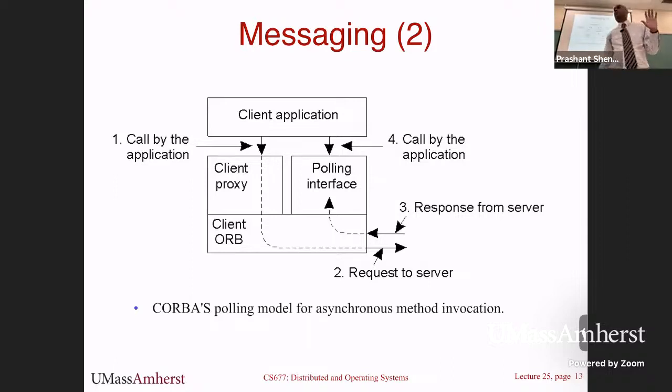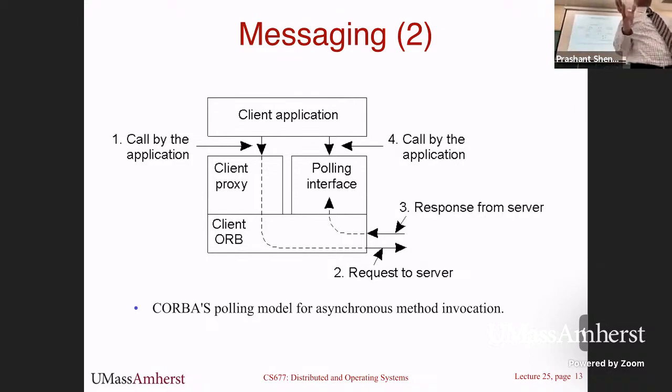That's one approach. The other approach is polling, where the client again is using an asynchronous RPC. It made a request to the server and it continued execution. But periodically it's going to check, has my reply come? So you're going to use the polling interface where you periodically poll the stub saying, has the reply arrived? Has the reply arrived? Eventually the reply would have arrived, and then you're going to take delivery of that reply and process the results of your RPC.